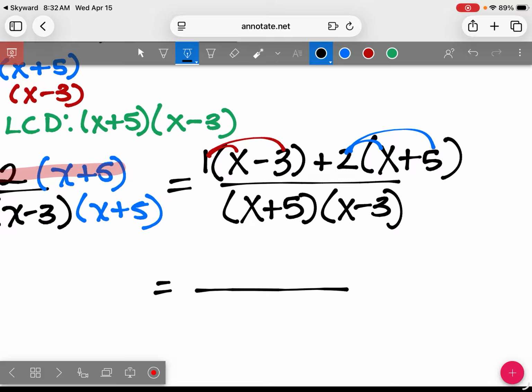So 1 times x is x. 1 times negative 3 is negative 3. Bring down the plus sign. 2 times x is 2x. And 2 times 5 is, what's 2 times 5? 10.